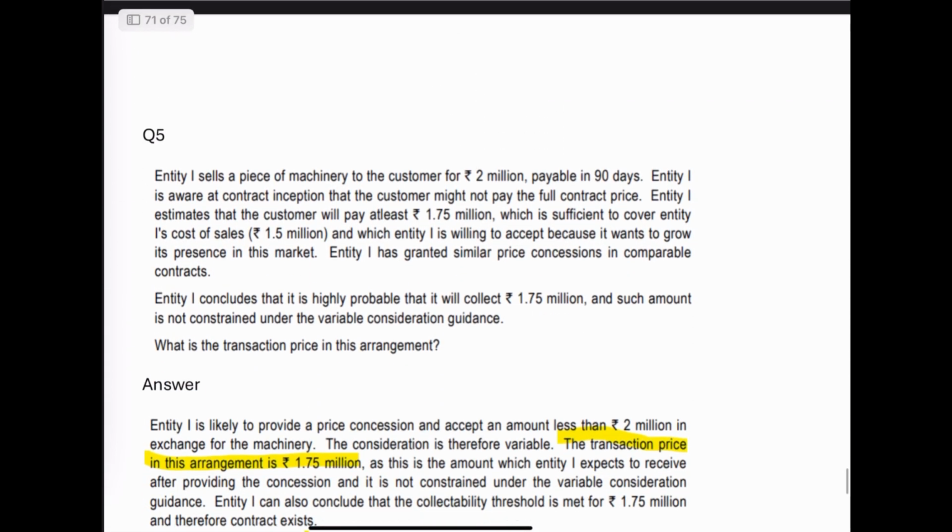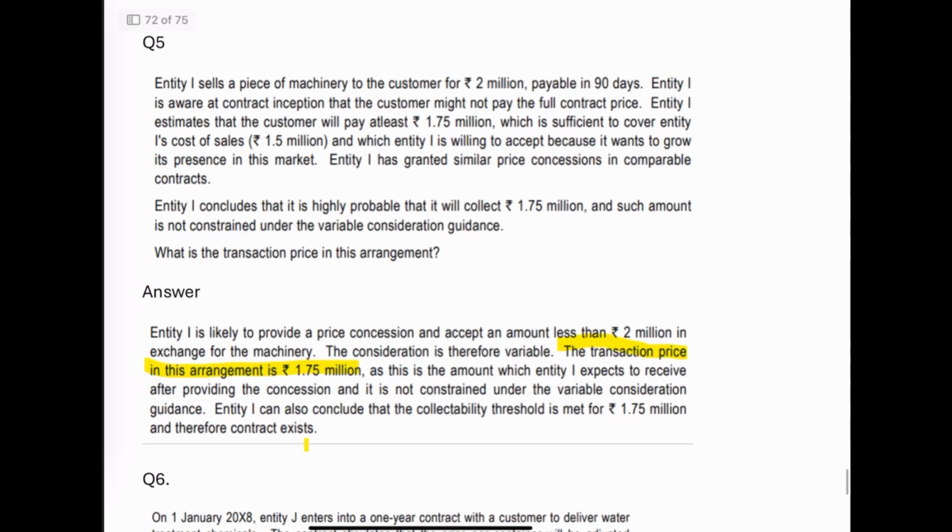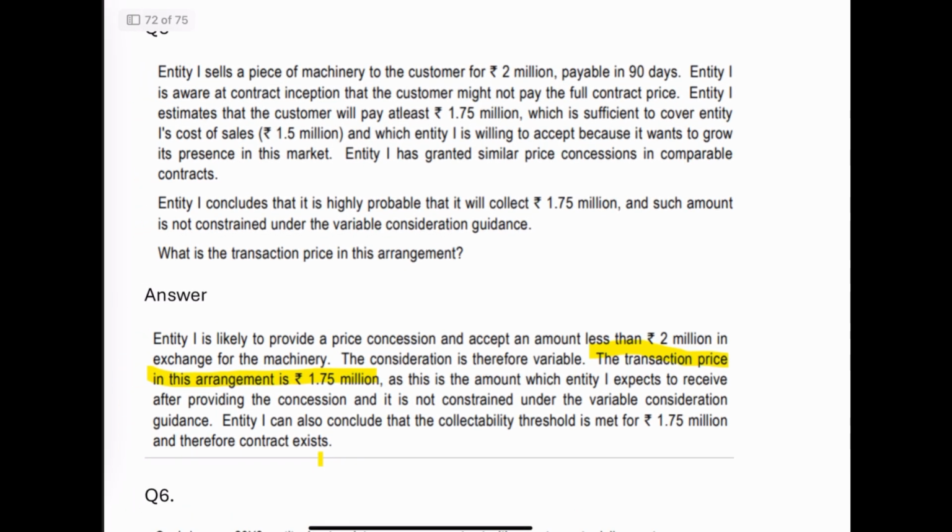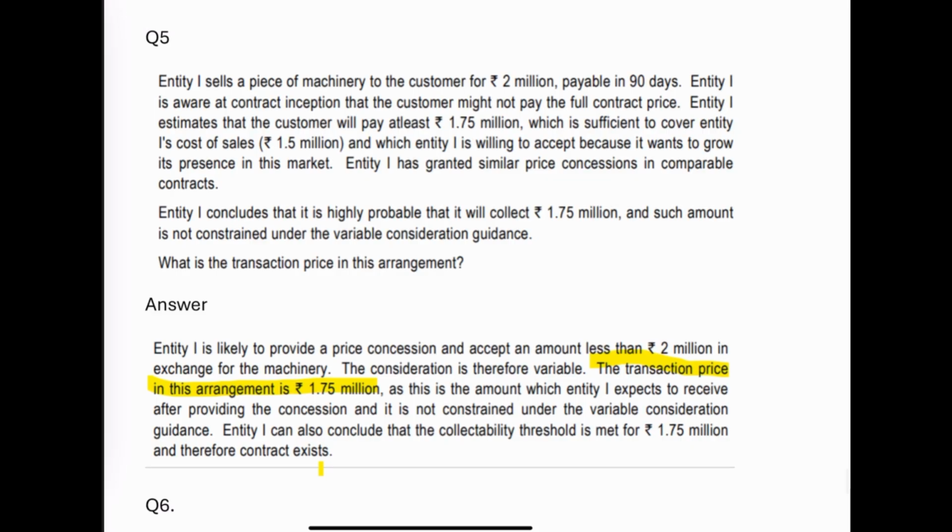Okay, then let's move on to the next example. Here entity I sells a piece of machinery to a customer for 2 million payable in 90 days. And entity I is aware at contract inception that the customer might not pay the full contract price.